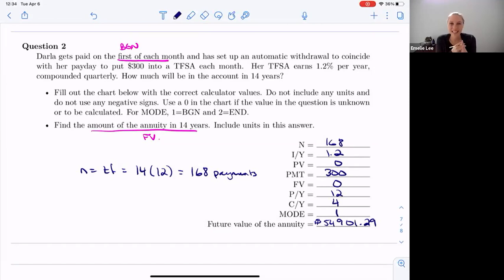So you can do these problems by hand, but for the sake of the test, I would probably encourage you to just use the calculator functions, because that way you don't have to be so stressed out about time, right? So I'm glad we got those all worked through. Do you have any questions now that we have some extra time here?